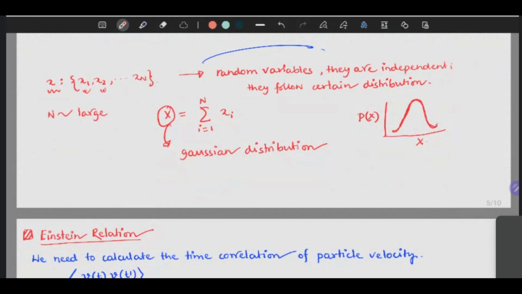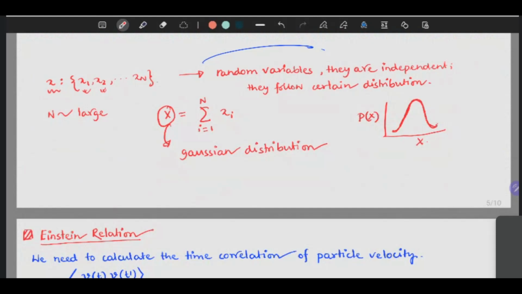After this integration this becomes v0 squared e to the power minus 2t by tau_v plus 2 into e to the power minus 2t by tau_v by m squared, and this becomes e to the power 2t1 by tau_v divided by 2 by tau_v, from 0 to t.